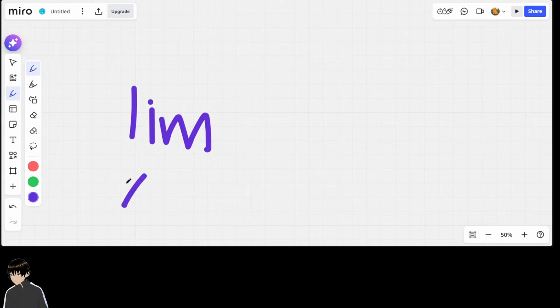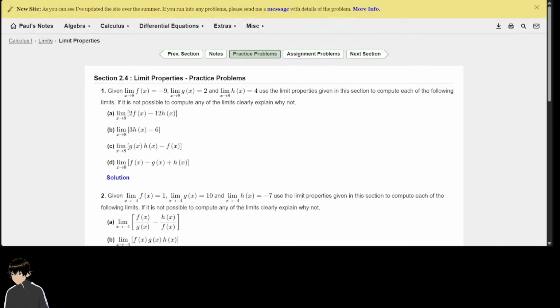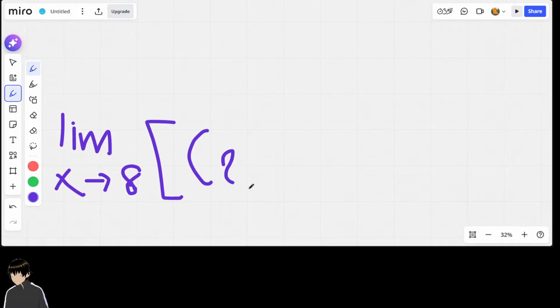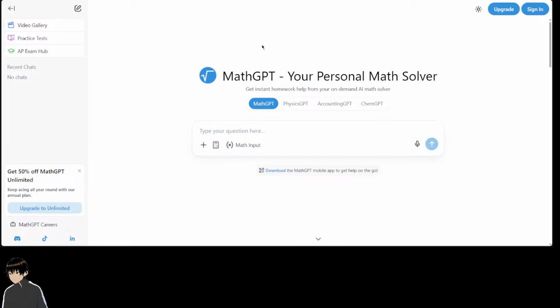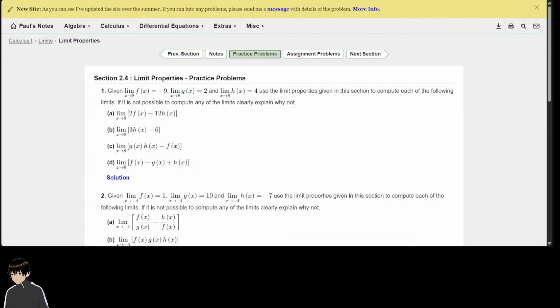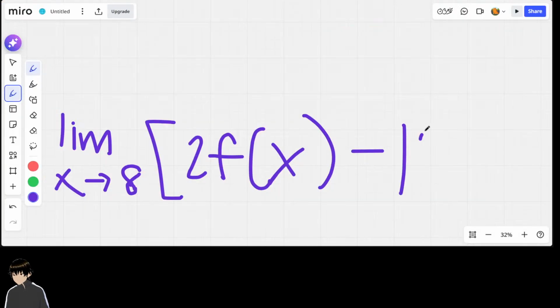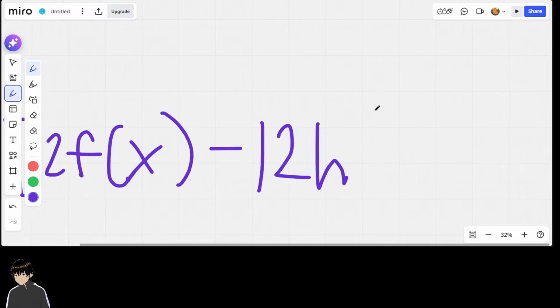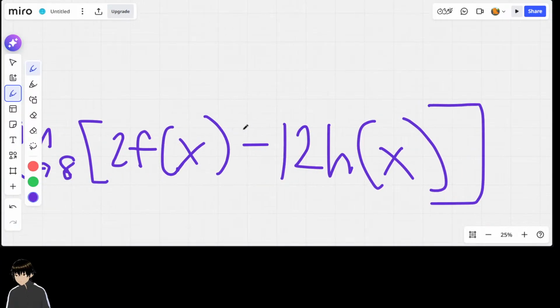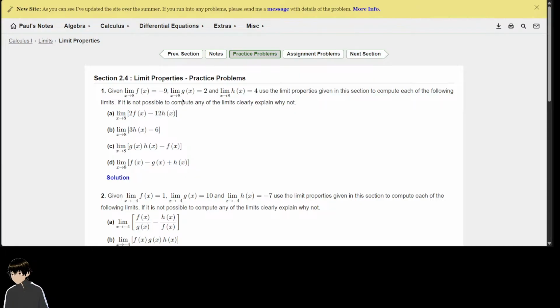The limit as x approaches 8 of 2f(x) minus 12 h(x). So f(x) is -9 and h(x) is +4.